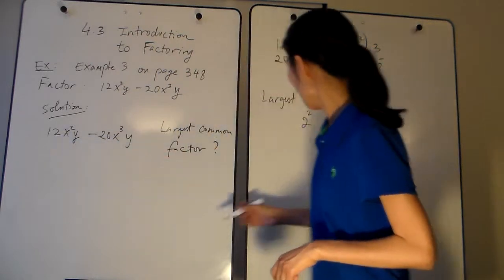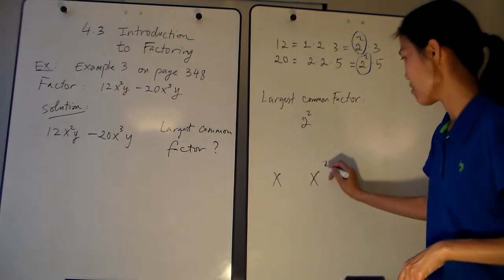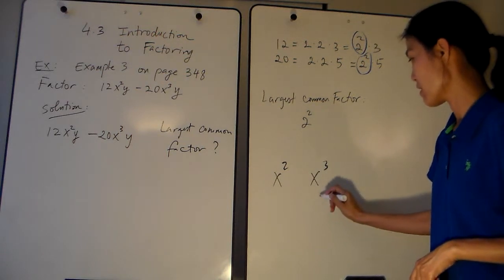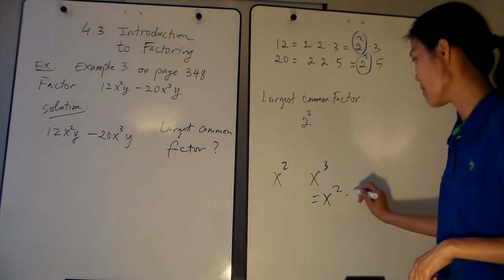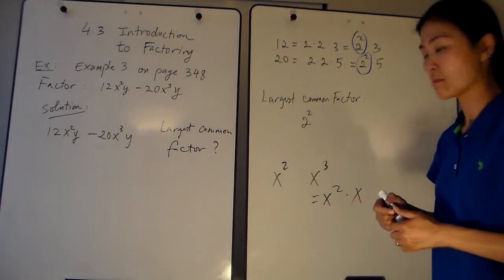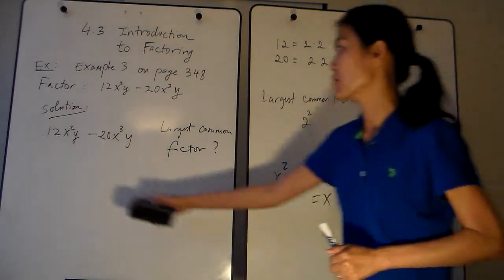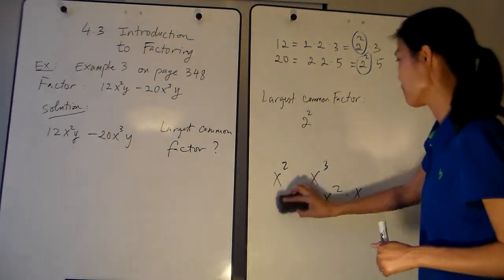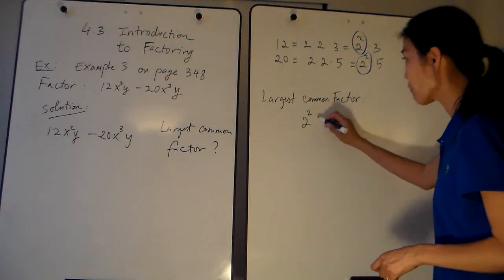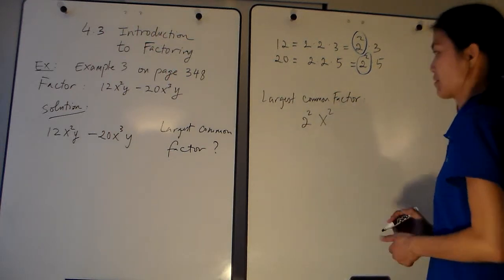Remember, x to the third is equal to x squared times x. So x squared is the largest common factor between x squared and x to the third.